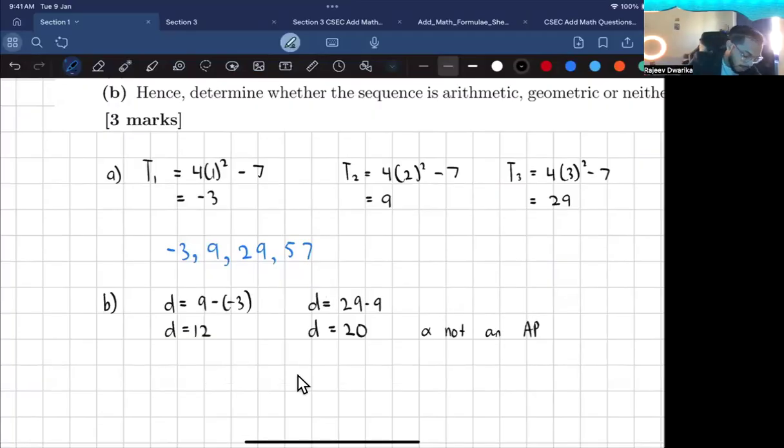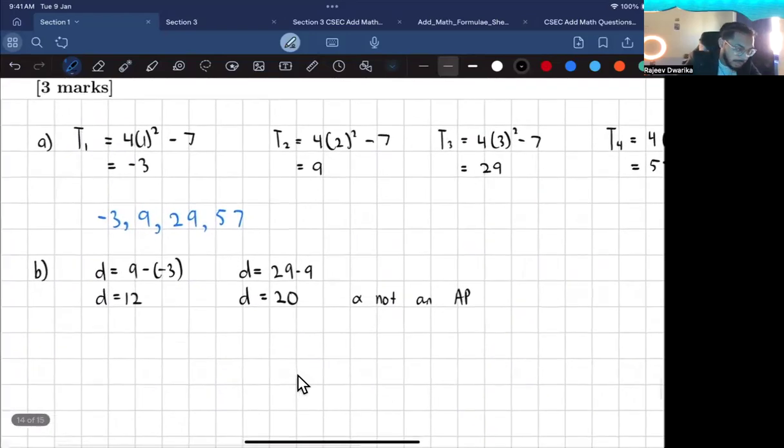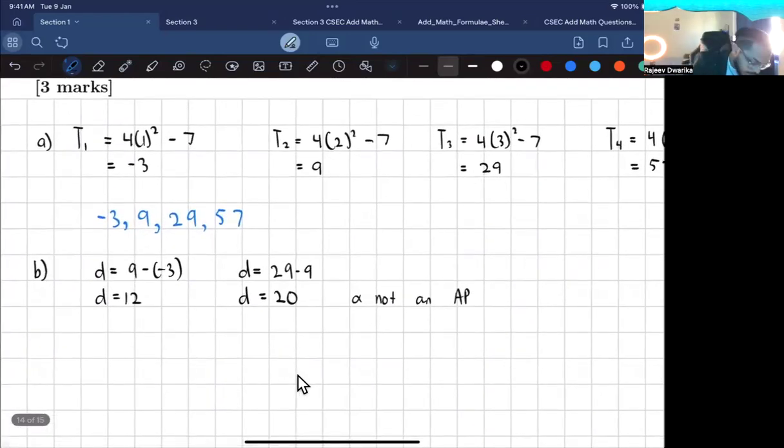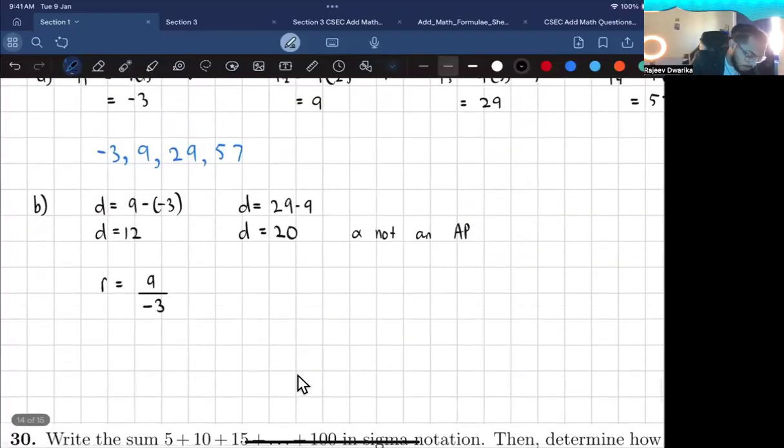Okay, let's move on quickly. To check if it's a GP, it needs to have a common ratio. So give me 2 numbers to divide by. It must be consecutive terms. What is 9 divided by -3? -3. Okay, give me 2 other terms. 29 divided by 9.